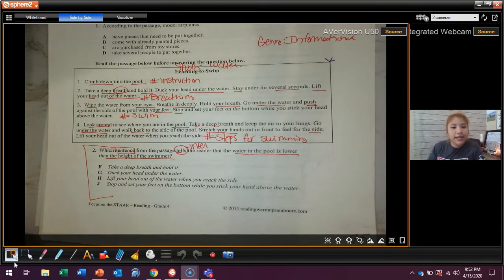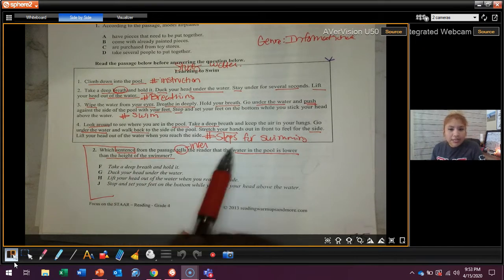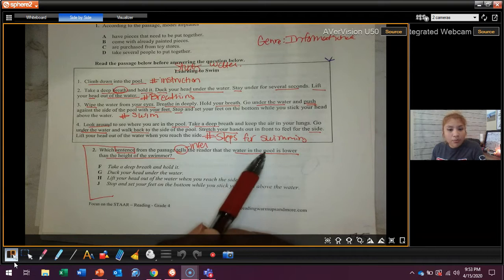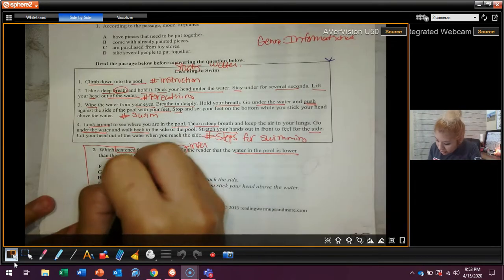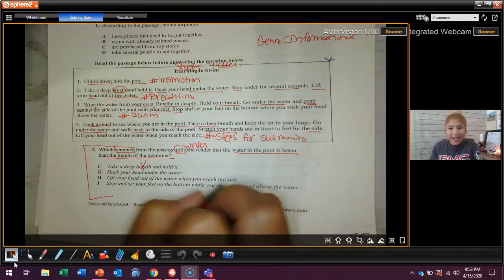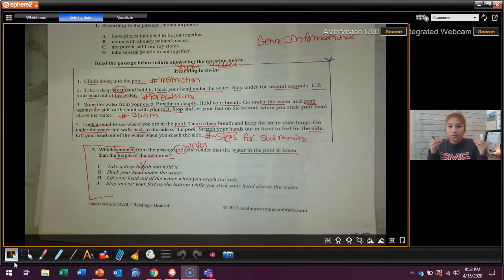So F. Take a deep breath and hold it. So because you can take a deep breath and hold it, does that tell me that the water in the pool is lower than the height of the swimmer? So taking a deep breath and holding it has nothing to do with that, because even when you take a deep breath and hold it, you can go underwater, right? So it doesn't tell me anything about the height.